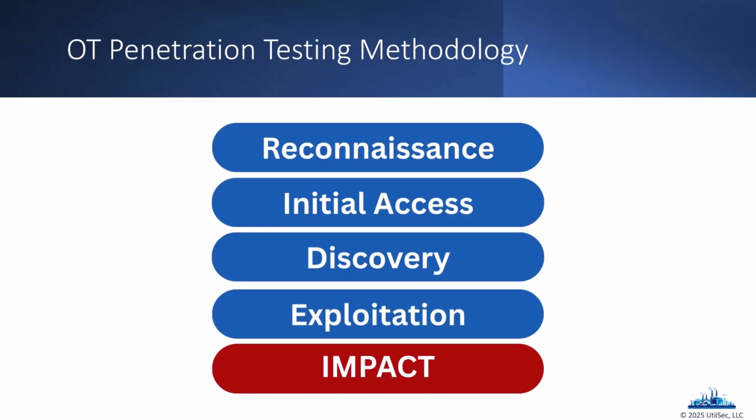So when we go back to the OT penetration testing methodology, remember the very end is where we have that impact. Now we've already talked about reconnaissance, finding our ways into the OT environment, gaining that initial foothold, the initial access.